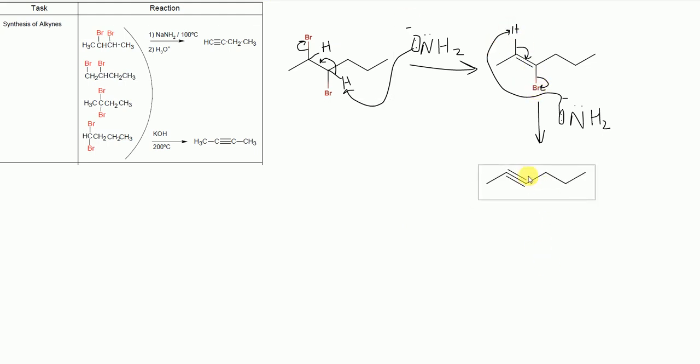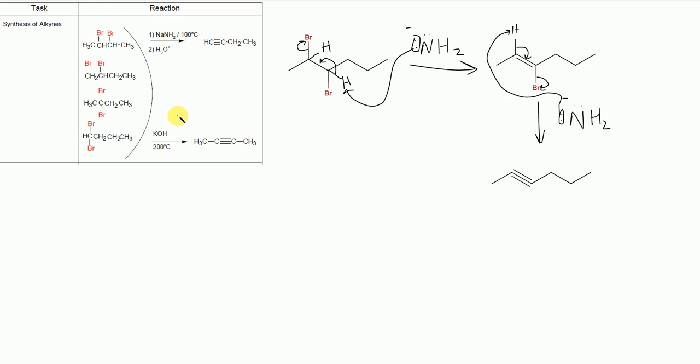Alright, so now I have a triple bond, but like we said, this is going to make it a terminal one, but I don't have the terminal right now. I was forced to make the internal one at first. So what happens really is that the conditions are so extreme, and I have such a strong base. NH2 is a strong base, so is KOH.